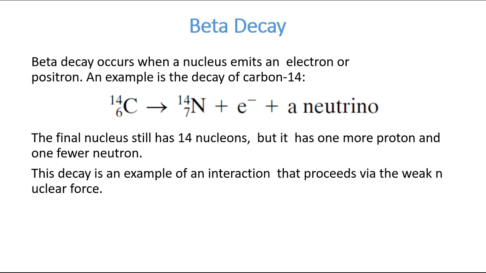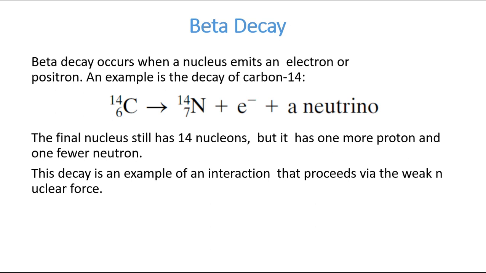The important thing is that the A number, the mass number, remains the same for the parent nucleus and the daughter nucleus, which means that we have only the conversion of a nucleon within the nucleus. So we don't have a change in the mass number.